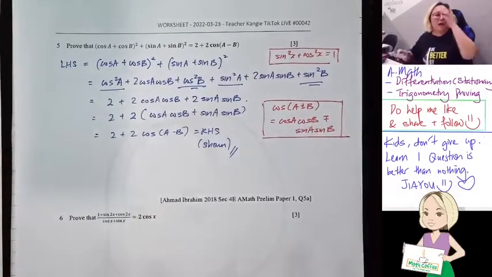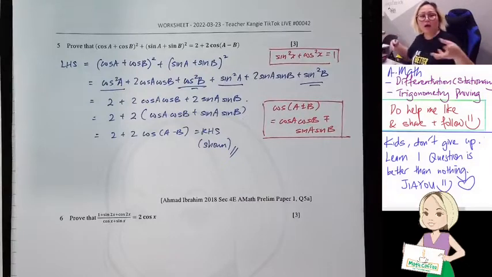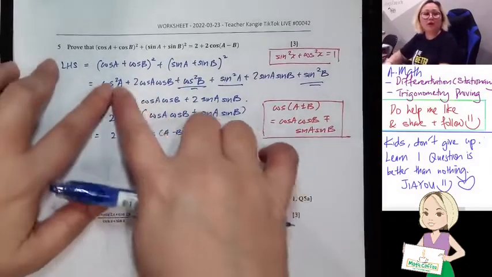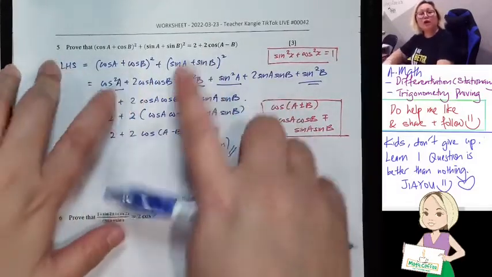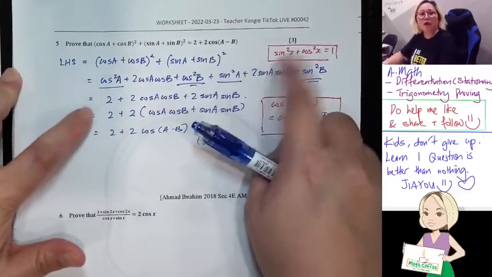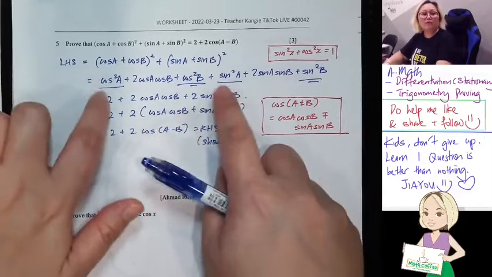So you see, at one glance, you will not know what to do. You will not know which identity to use. You can just expand first, because the only way out is you must expand first. Then see what you can do. I can make use of my sine square x plus cosine square x equals 1, and I end up having two sets.